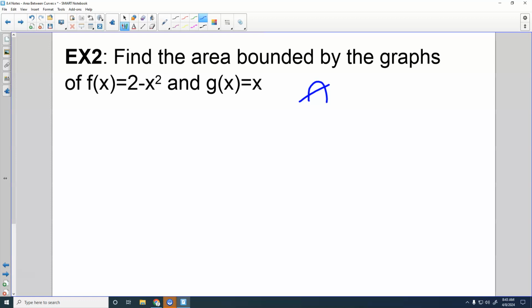or if I want to know where two graphs cross, what can I do with them algebraically? Somebody take a guess. Set them equal to each other. That's exactly right. So we can take 2 minus x squared and x and set them equal to each other.